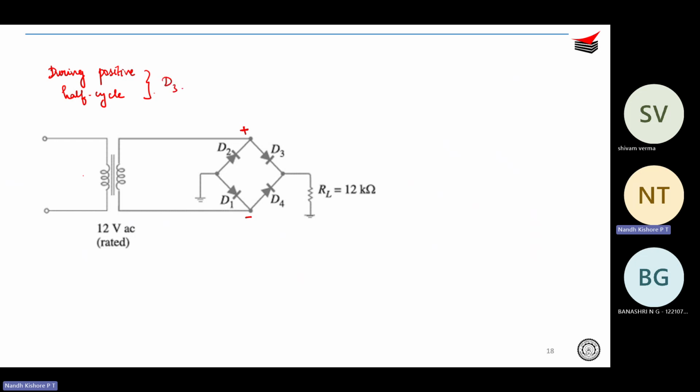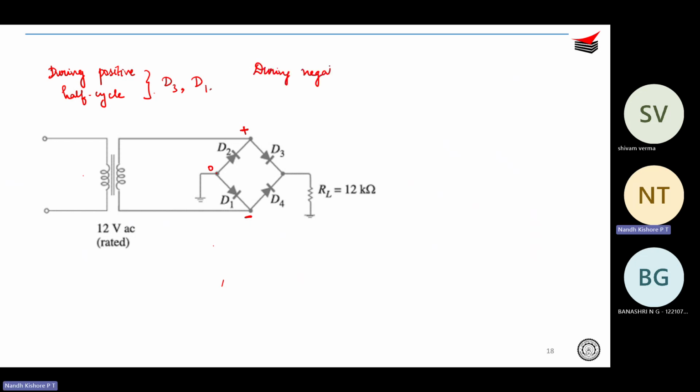Obviously, D3 would be on. Would D2 be on? No. And D1 would be on because at the cathode you will be getting a negative voltage and here you are having zero. This is zero. This is negative, which means that D1 would be forward biased. So D3 and D1 are on.